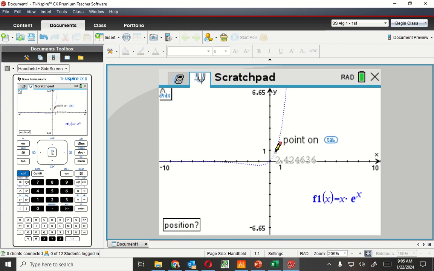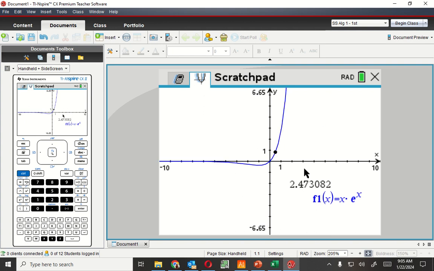So what it's doing is at 0.5... Okay, it's way up here. So let's do it again. Let's go 0. Dang it, I've got to do it again.